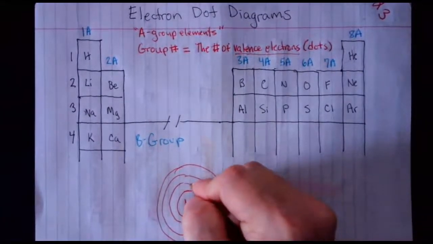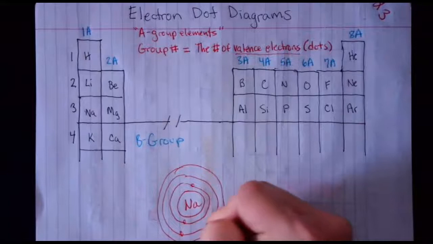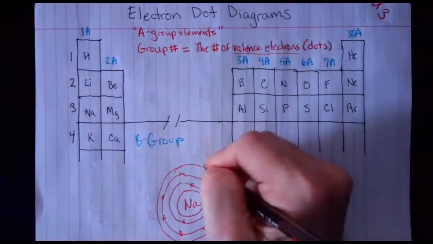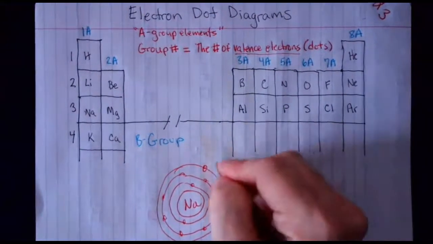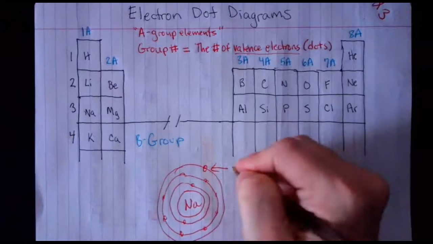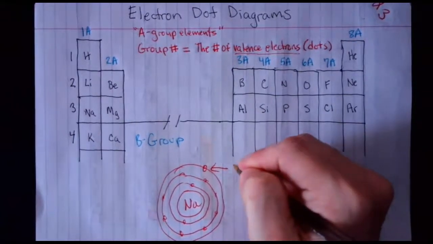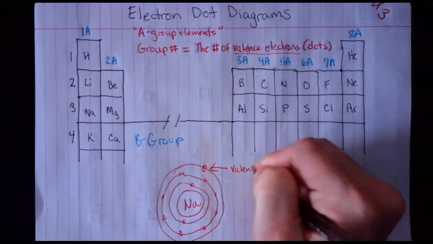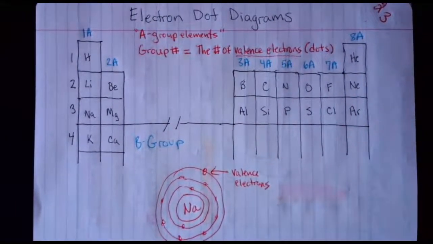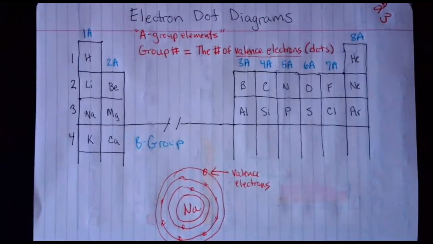So we have electrons here, and we have 1, 2, 3, 4, 5, 6, 7, 8 electrons here, and we have 1 electron out here. This guy, the electrons in the outer energy level, are the only electrons that we can call valence electrons. All right, so that's what our valence electrons are.